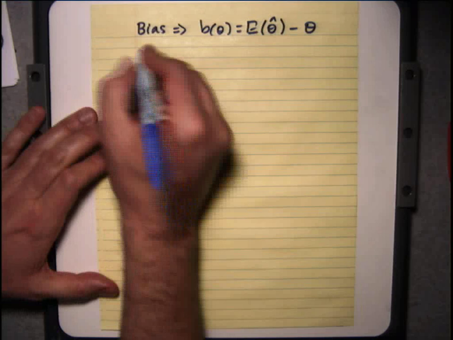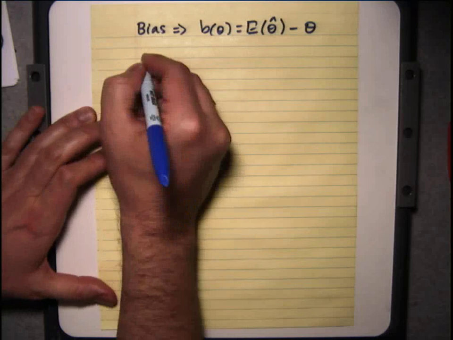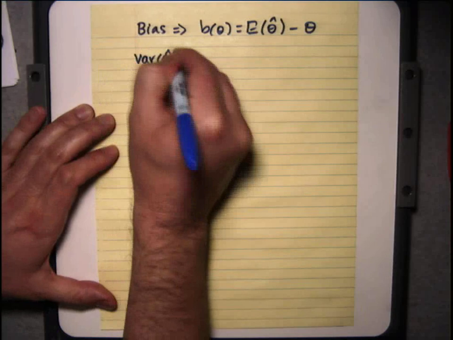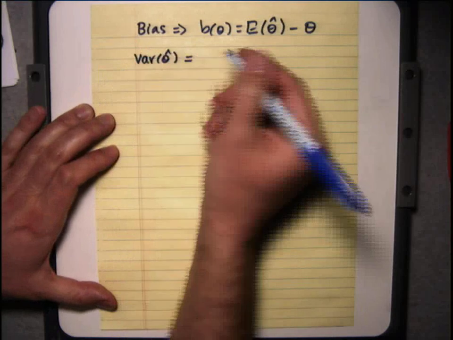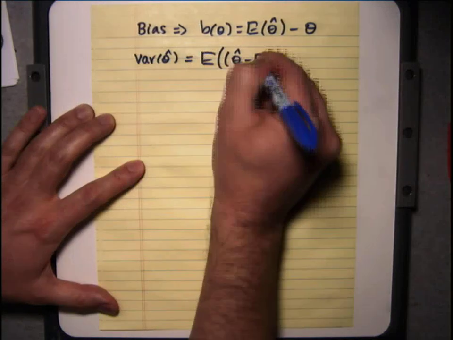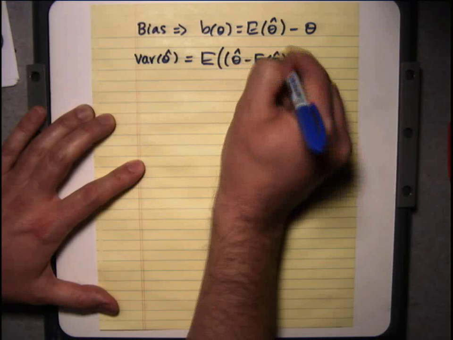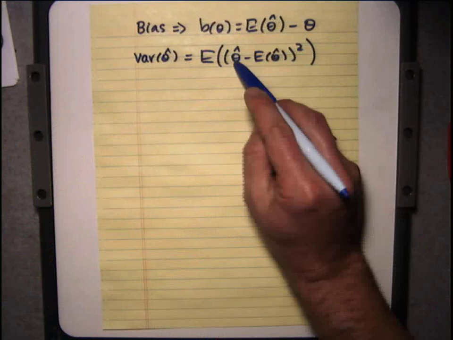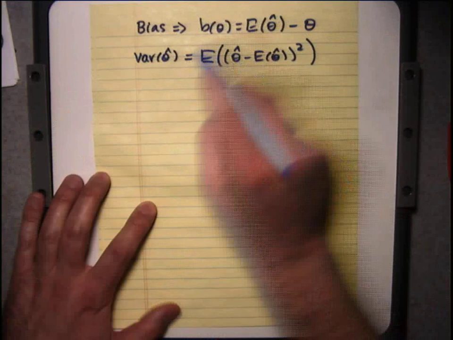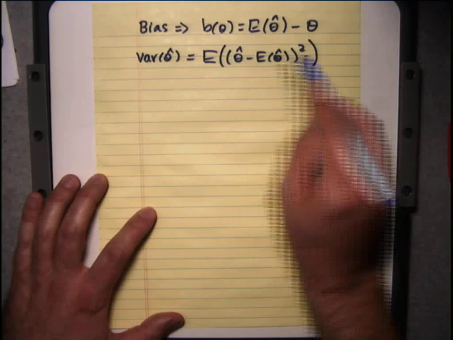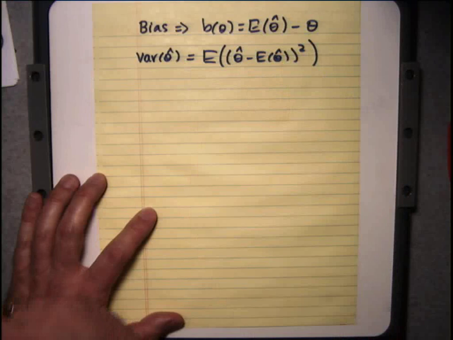Okay, now the variance of theta hat is equal to the expected value of theta hat minus its mean, squared. Okay? So theta hat is just some random variable, and this right-hand side is simply the definition of the variance. The random variable minus its mean squared, expected value, that's the variance.